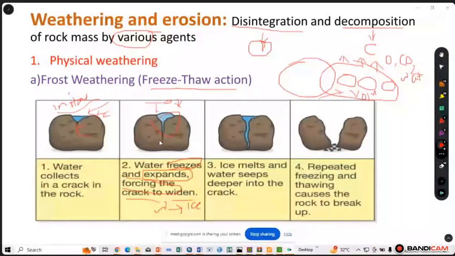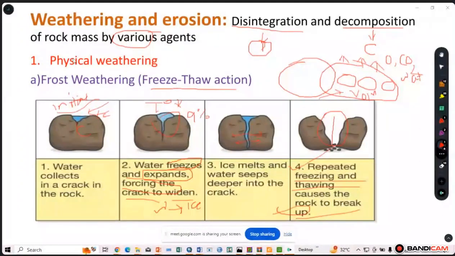When water enters the pore spaces and freezes, its volume increases by 9%. After the increase of 9%, it expands, and after the expansion, it breaks down. That means repeated freezing and thawing action causes the rock to break up.